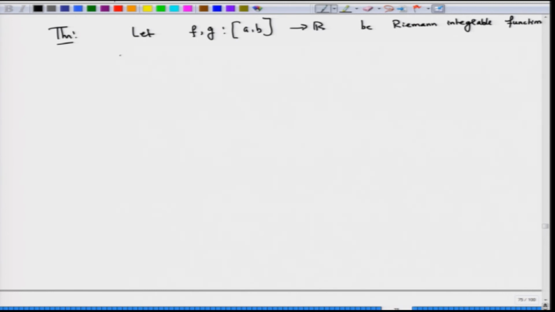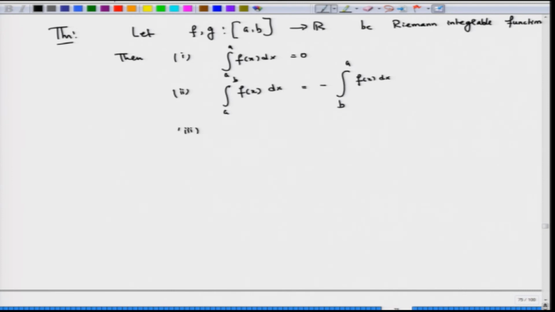Okay, so then, one, if I take integral a to a of f of x dx, then this is going to be 0, because there is no partition, it is a single term, this is 0. If I take integral a to b of f of x dx, then this will be equal to minus integral b to a of f of x dx.